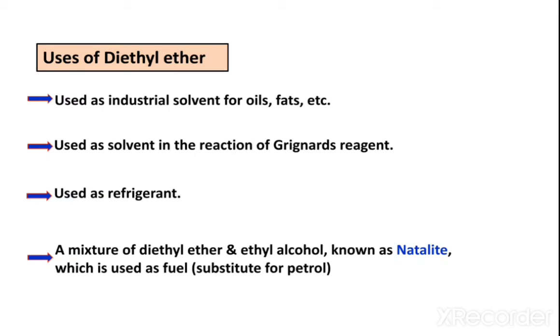Then reactions of ethers. The ethers are highly stable toward the action of most chemical reagents, and when treated with strong acids like hydrogen iodide and HBr, they hydrolyze to give alcohol or alkyl halide. And lastly, we discuss the reaction with halogen acids.